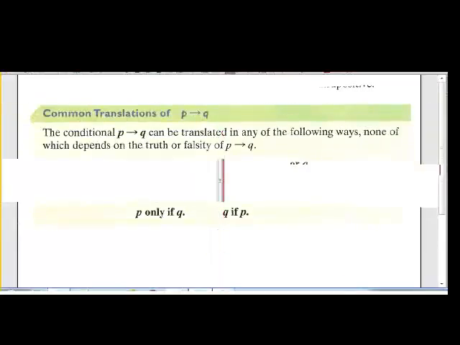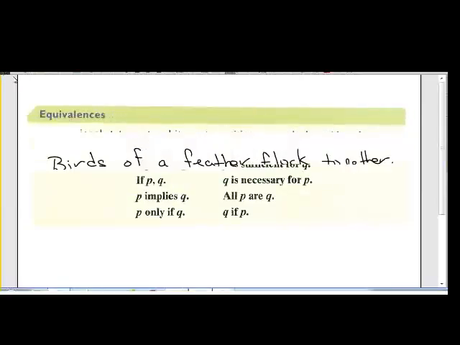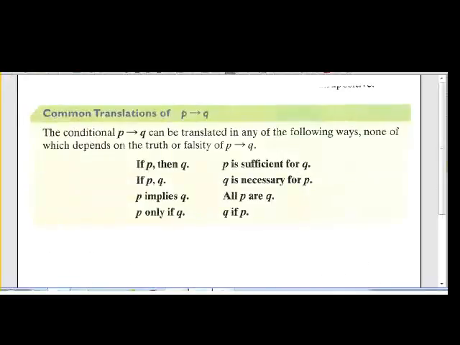This is just some common translations of the if-then statement, which are equivalent to if-then statements. And I sort of used that when I was doing this problem. I had to take the original statement, which was not an if-then statement, and I created it into an if-then statement. But there are other ways you could mean the same thing as an if-then statement.